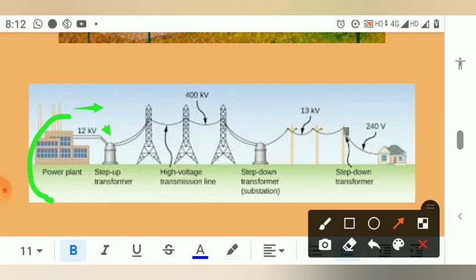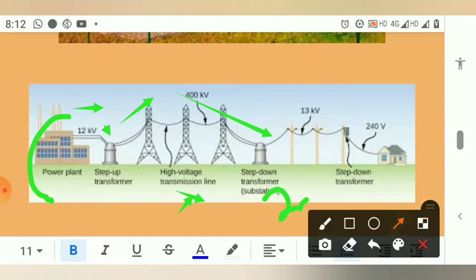Then it is supplied through wire and high voltage transmission cable to the step down transformer at the substation.